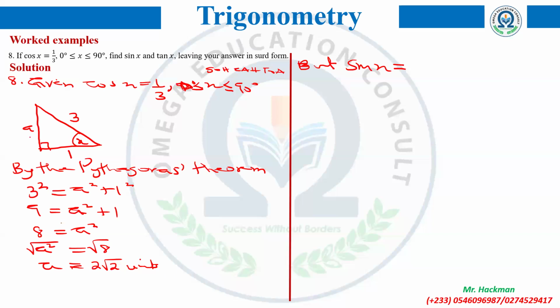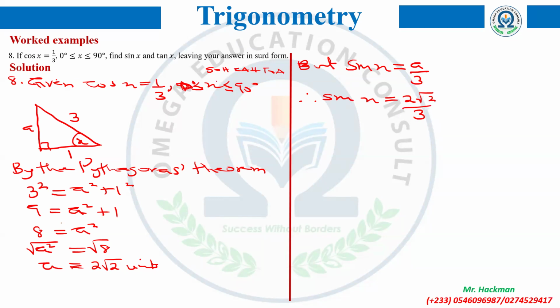And what is our opposite now? Opposite is A, over the hypotenuse, which is 3. As you mature, you could have put the value there straight away. Therefore, my sine x will be equal to 2 root 2 over 3. Is that clear?